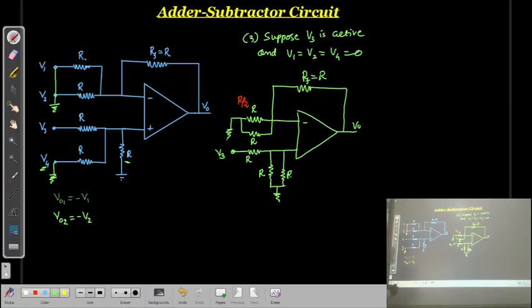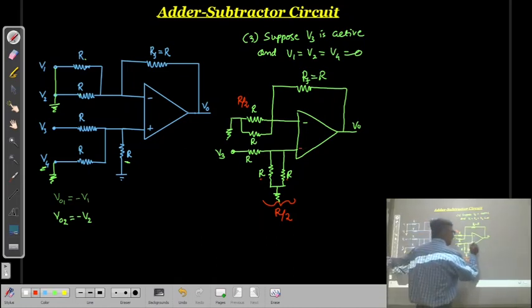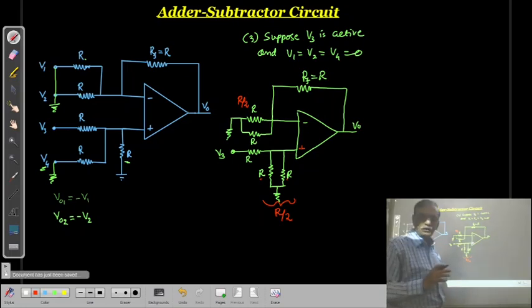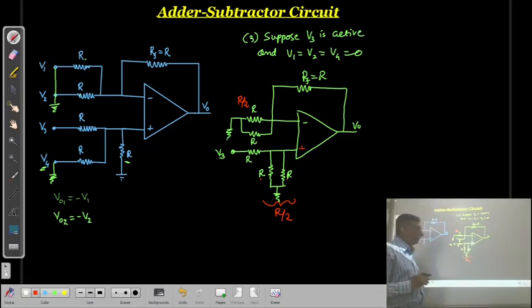Then again you will find that these two resistances are in parallel, so the effective resistance will be R by 2. Now here you can see that this is nothing but a non-inverting amplifier. So in this situation, the op-amp will behave as a non-inverting amplifier.